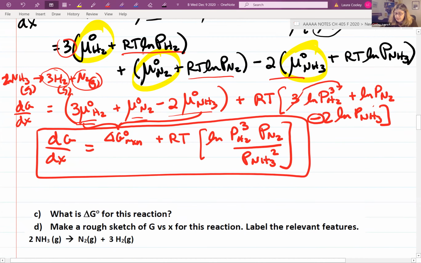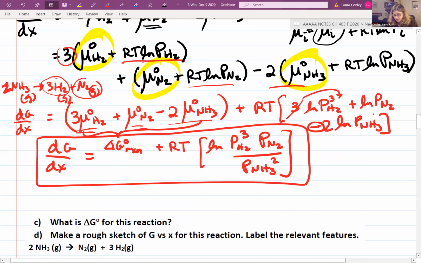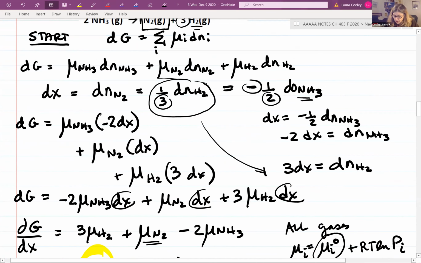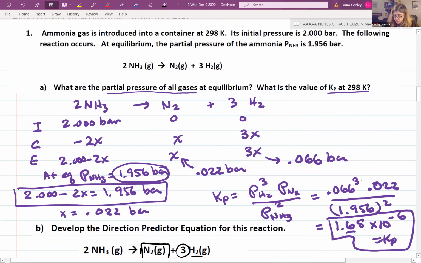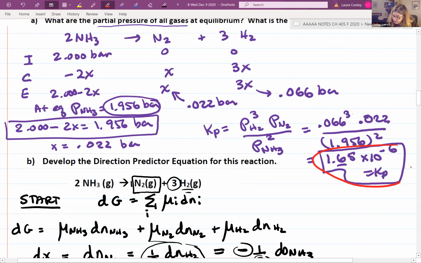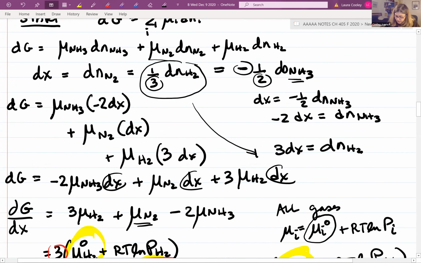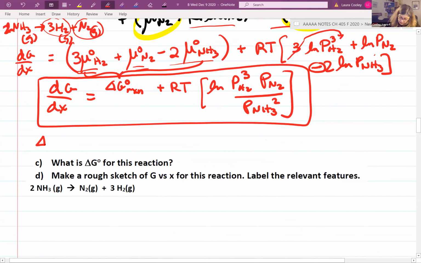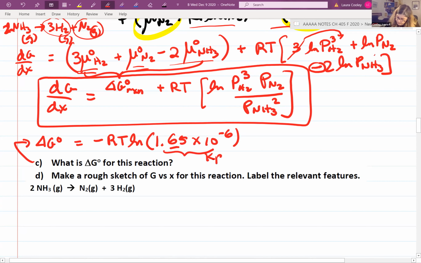All right, so it asks, what is delta G0 for this reaction? How am I going to figure that out? Because I haven't given you any information on delta G0s, but we have calculated this equilibrium constant. So that's what we're going to use here. We're going to use that delta G0 is minus RT times the log of K, which we got from the equilibrium pressures of all of those gases.